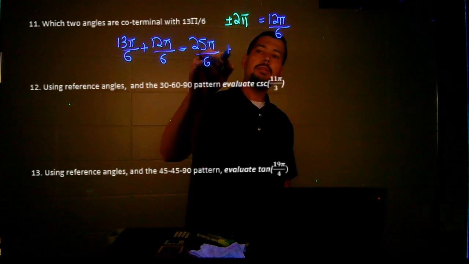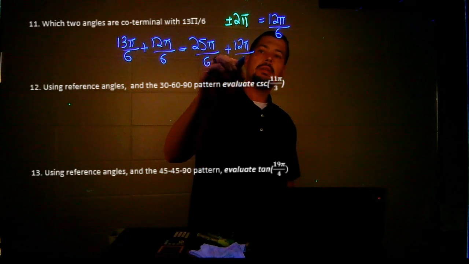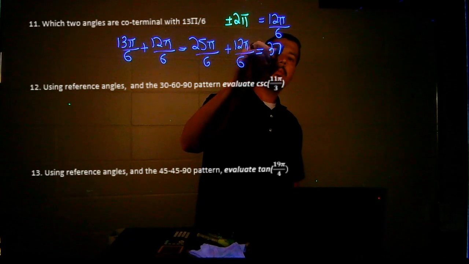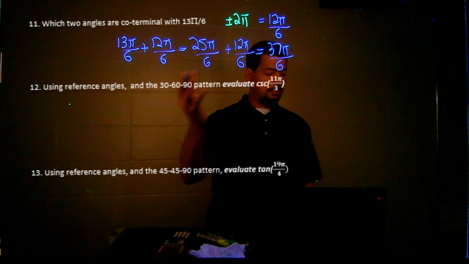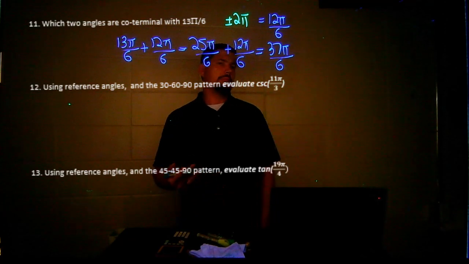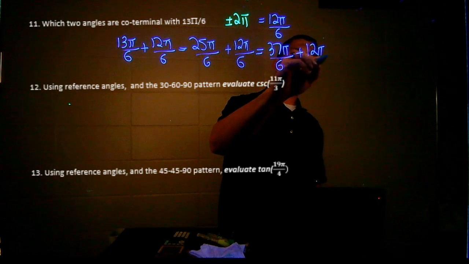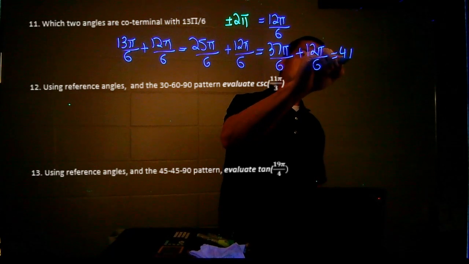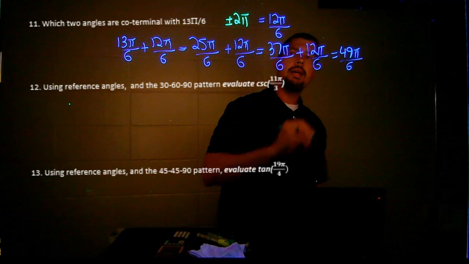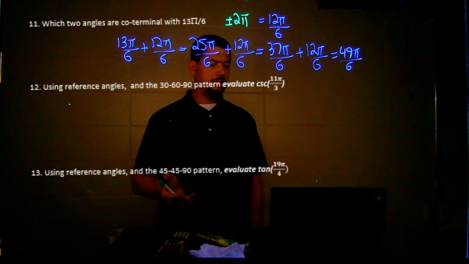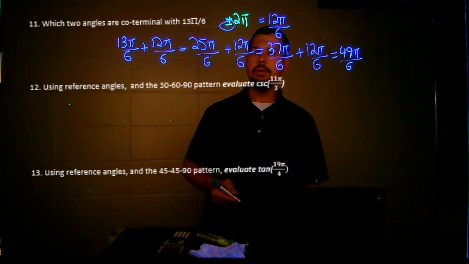I could continue to add 12 pi over 6, and I would get 37 pi over 6. That might be an answer, okay? I could do it again. I haven't completely finalized this test. And I'd get 49 pi over 6. And in addition to doing the addition, I could turn around and do the subtraction.